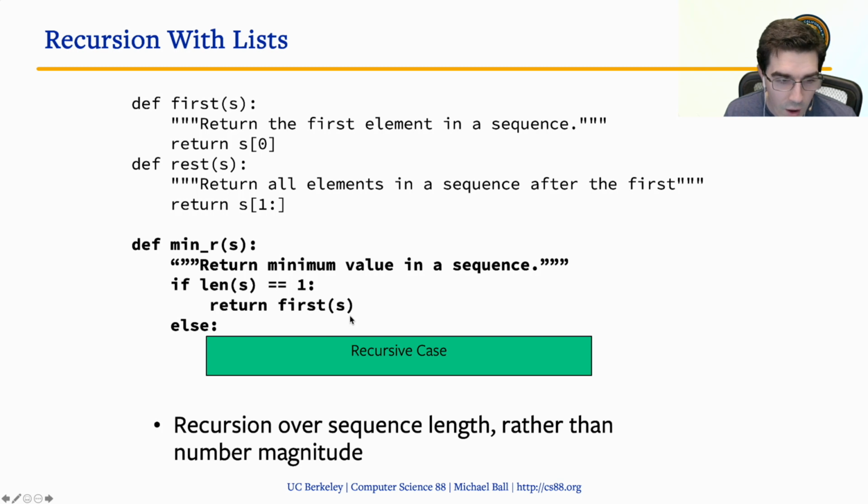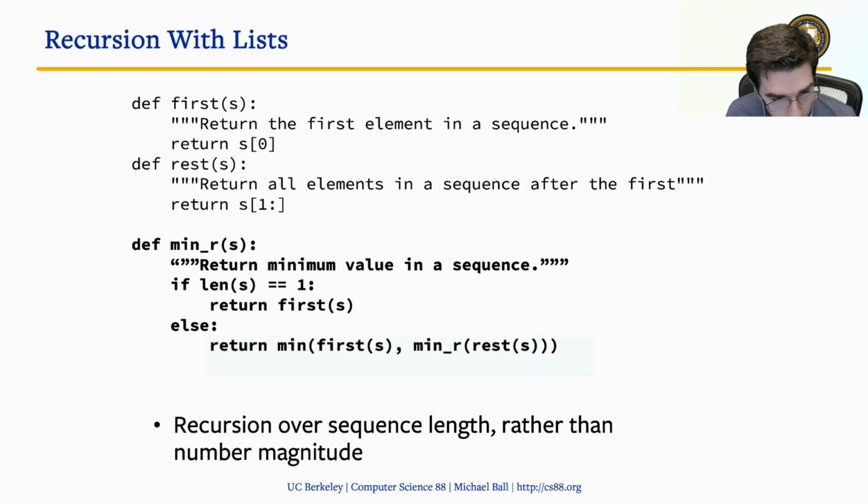This problem is also in the lecture slides, or in the Python file. But thinking about how do we break down a question of finding the smallest item in the list? Well, it's the smallest item between the first item and the smallest item in the rest of the list.